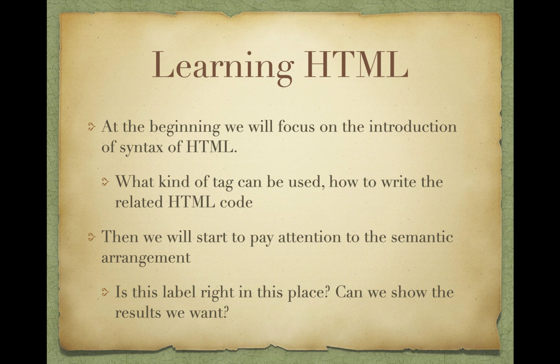And for some tags, we need to specify some attributes. For example, for img, we need to tell the browser where the image is. So we have an attribute to specify the location of the image. Okay, so each tag has a particular format. So we will learn how to write the correct tag with the correct format.